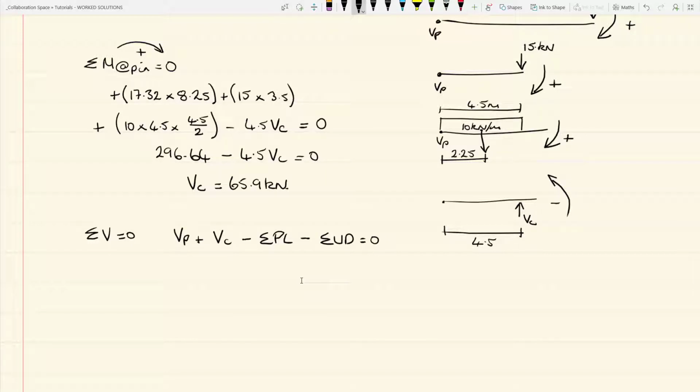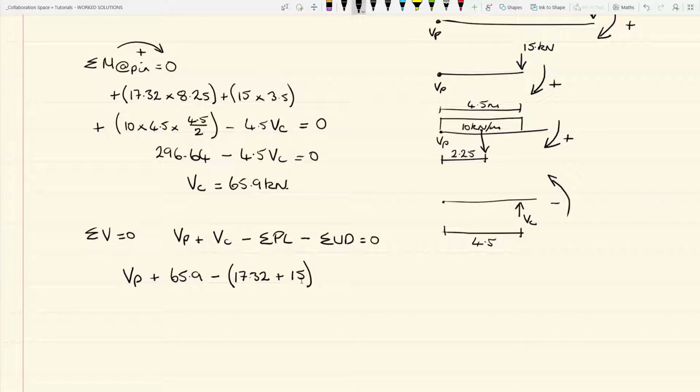And if we go on and put some numbers into that, VP is what we're trying to calculate, so that is still an unknown, plus VC, 65.9, minus the sum of all the point loads coming down. So we have 17.32, that is the point load at the end of the cantilever, and we have the 15 kilonewton point load part way down the beam. Those are the two vertical point loads.